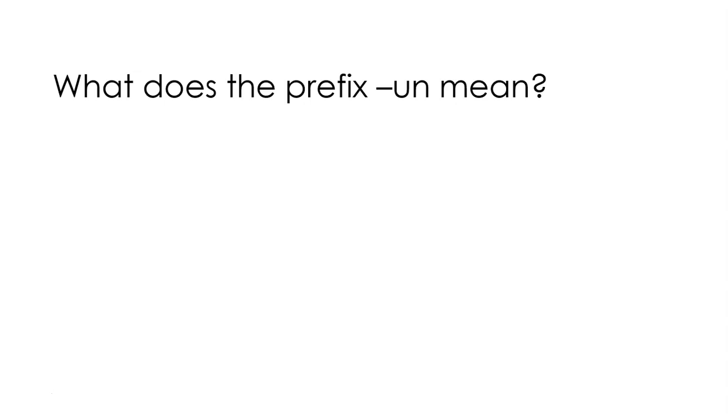All right, so now let's take a moment to think about the prefix un. What does the prefix un mean? In English, we use the prefix un at the beginning of the word to mean not or to mean the opposite of.